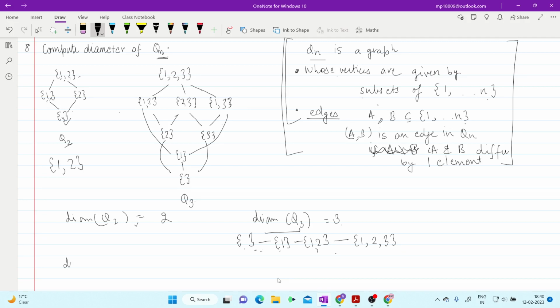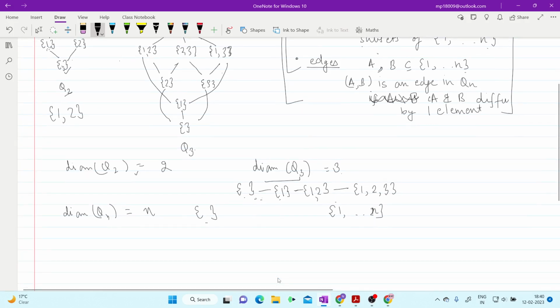Can you now generalize it? What will be the diameter of Qn? It is n, because the shortest path between the empty set and 1 to n will be n.